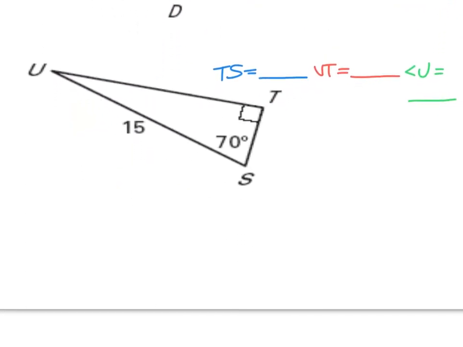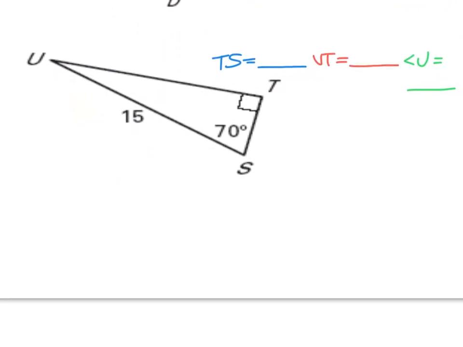And let's look at our last one. So the same thing, it's easy on this one to find the angle. So we could do 70 plus 90 plus angle U equals 180. And when I solve that, I get that angle U is equal to 20 degrees. Alright, once again, I'm going to do trig with everything.